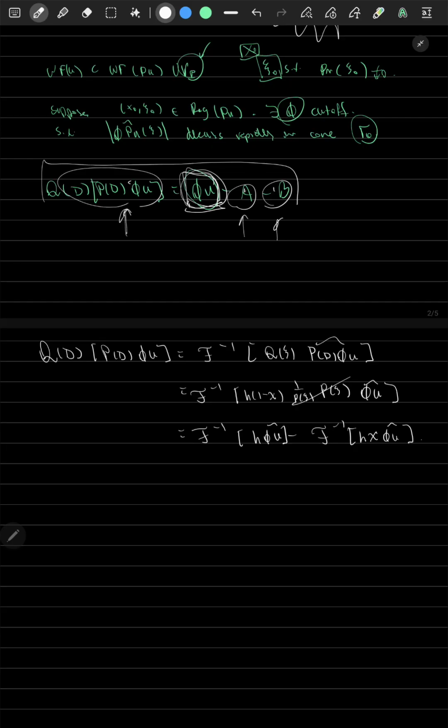And so I think this is just about it. On this, actually, this one we can continue to expand. Let's write that as F^-1 of h phi u minus phi u plus phi u, which by linearity again is equal to phi F^-1 of h phi u minus phi u plus the inverse Fourier transform of the Fourier transform is nothing, so it's just phi u.